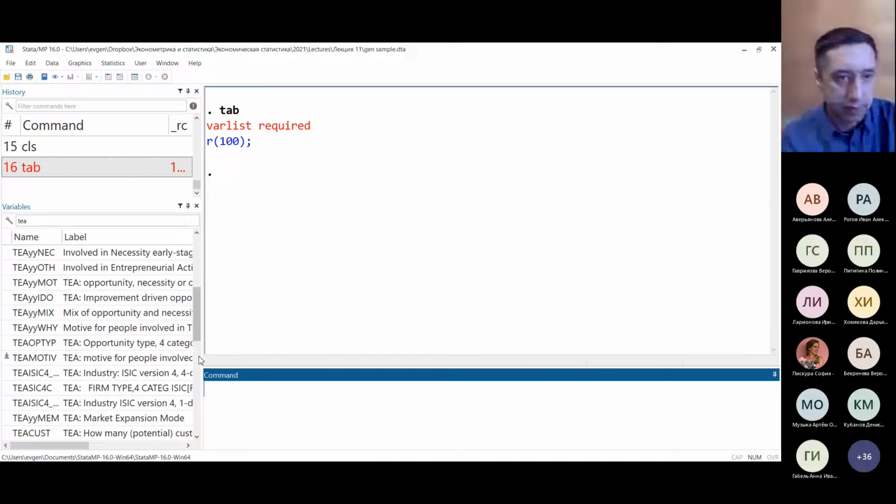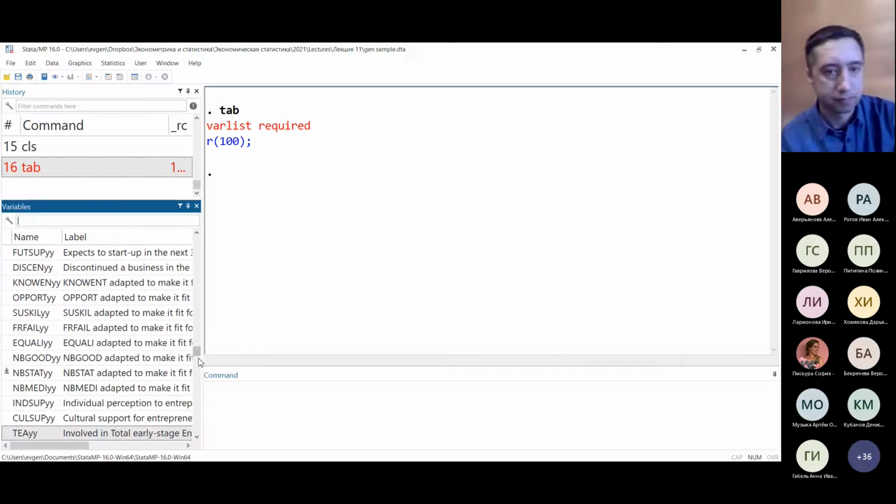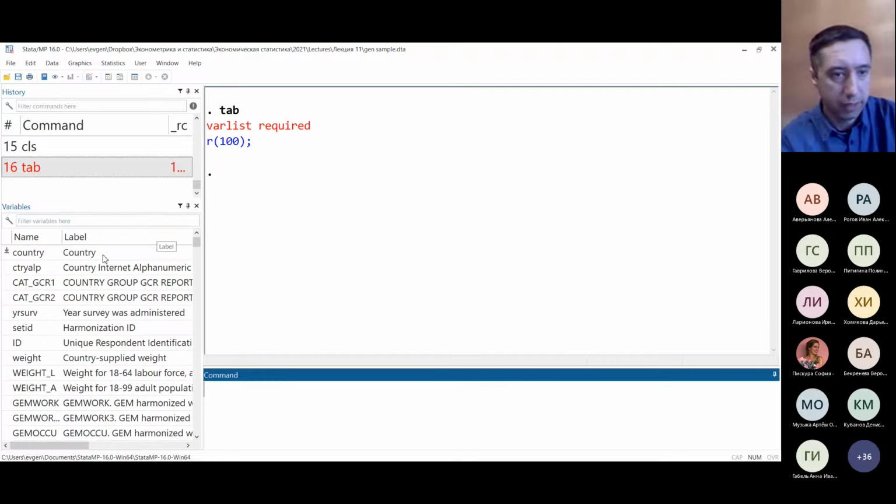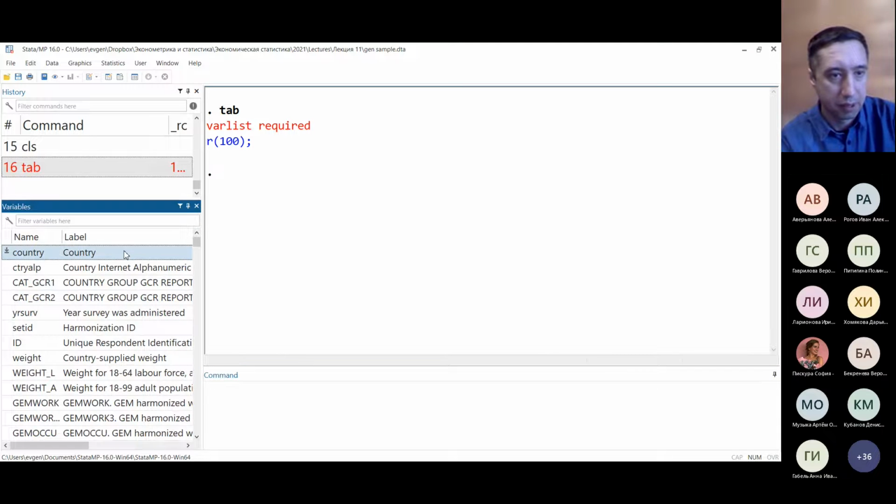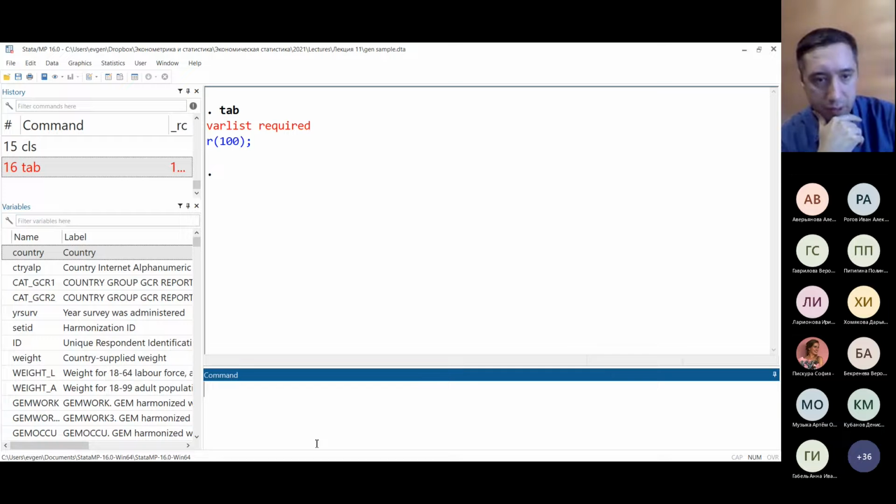And to discuss this data set, first I recommend you to find the variable country. Let's check what countries we analyze using this data set. To find out, you should type tab, or tabulate, and country.